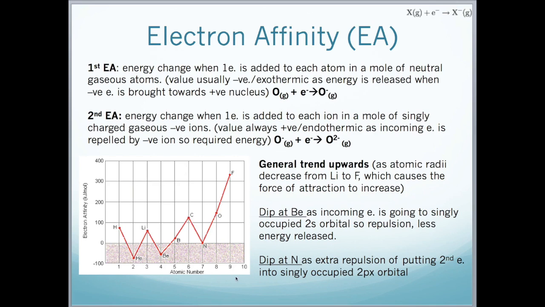There is a dip at beryllium because the added electron goes into an already singly occupied 2s orbital. Therefore, it experiences a considerable repulsion and less energy is released. Another dip at nitrogen is caused by extra repulsion of putting a second electron into a singly occupied 2px orbital.